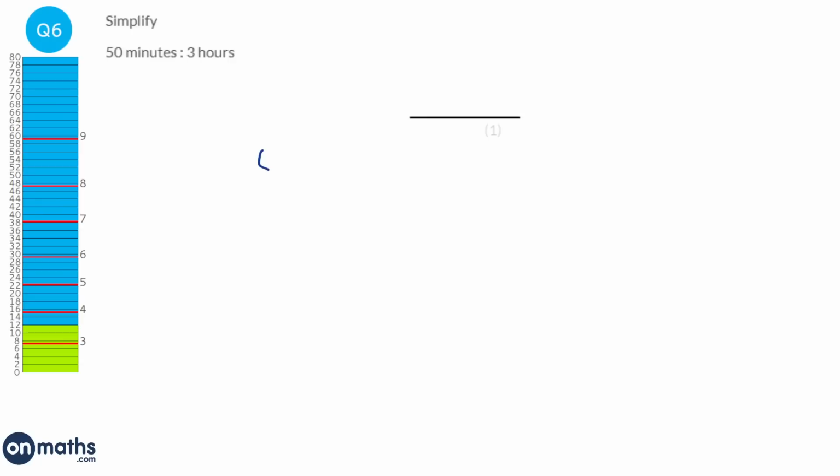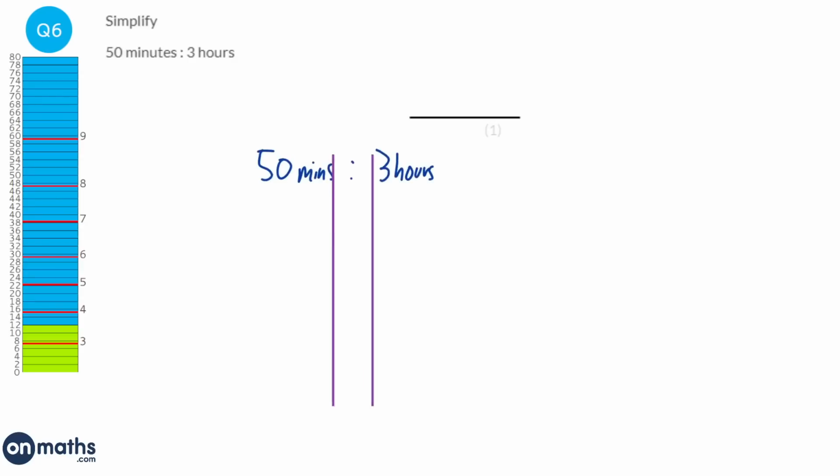We're going to first of all have to convert these both into the same unit. So we've got minutes and hours. That's not going to help us much. So what I'm going to do is pick the smaller unit, which will be minutes. So I'm going to keep that 50 minutes, and I'm going to convert 3 hours into minutes. That would be 180 because we times by 60.